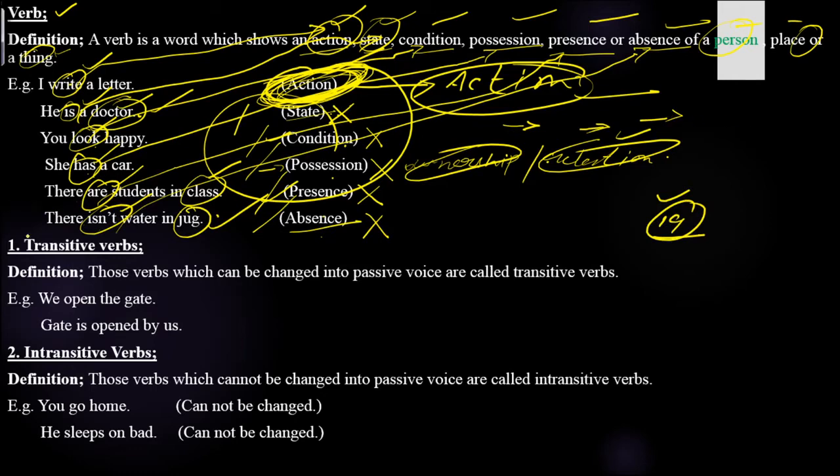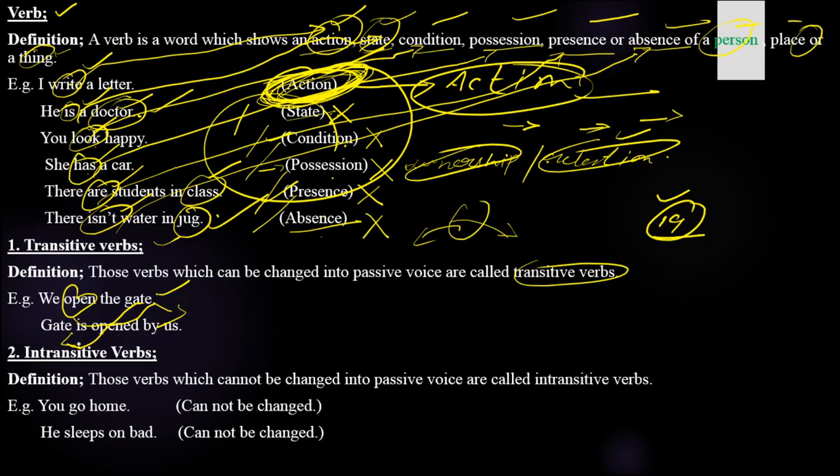Now see, a transitive verb is one of the action verbs. Definition: those verbs which can be changed into passive voice are called transitive verbs. Or, those verbs where the subject takes the place of the object and the object takes the place of the subject are called transitive verbs. You can define it in both ways. See, we open the gate. Open is your action verb, and it is called a transitive verb because the subject is taking the place of the object and the object is taking the place of the subject.